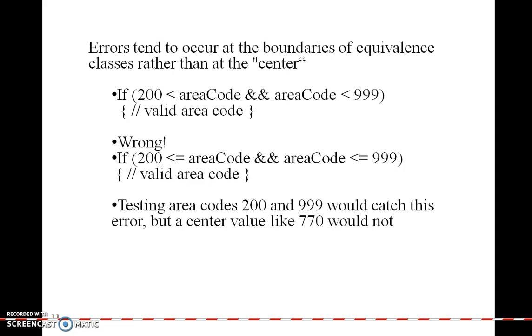To detect such errors, I have to go for testing at boundaries, that is at 200 and 999, instead of testing the area code at its center like 700 or 600.